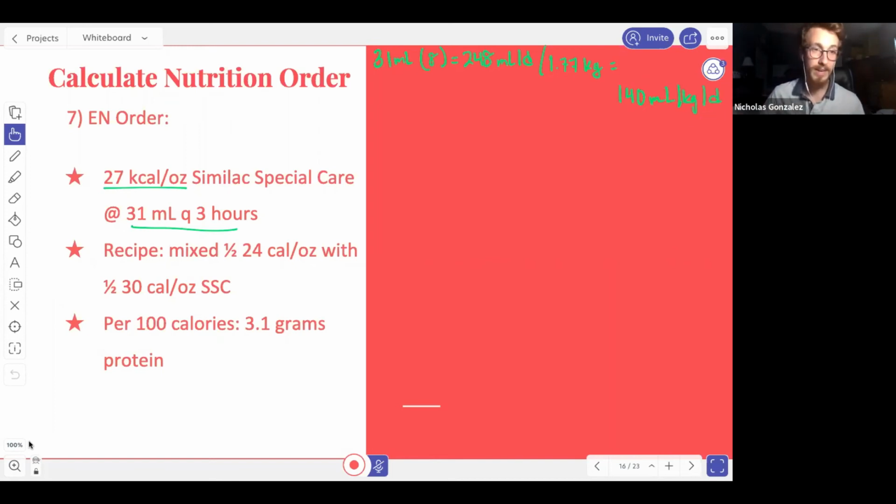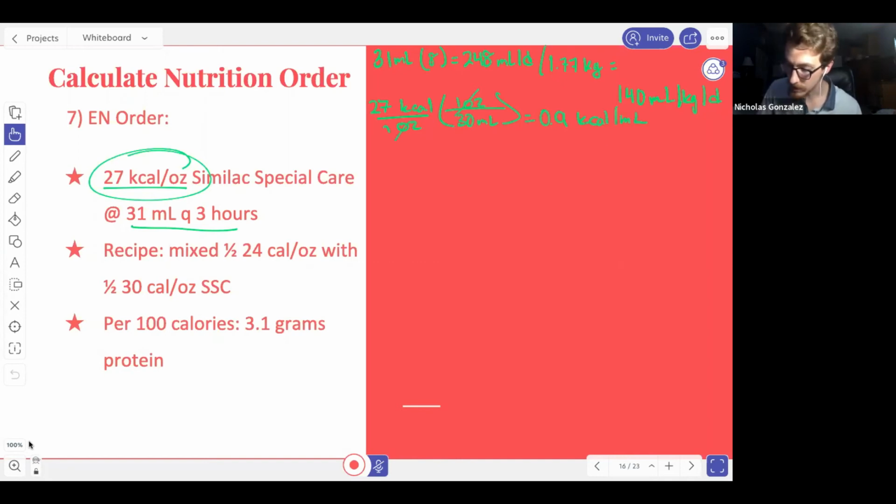All right. Now, with that, we are able to calculate the calories per kilogram per day and the grams of protein. So again, we have our calories per ounce. We need that in calories per milliliter. Multiply that by 1 ounce over 30 milliliters to give us 0.9 calories per milliliter.